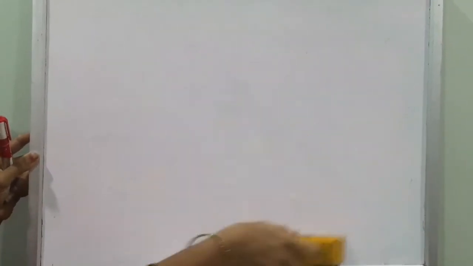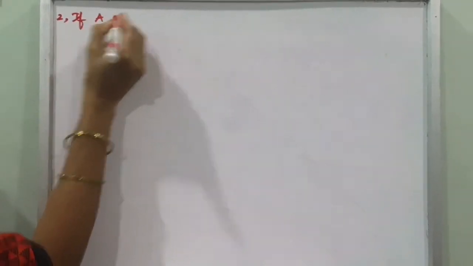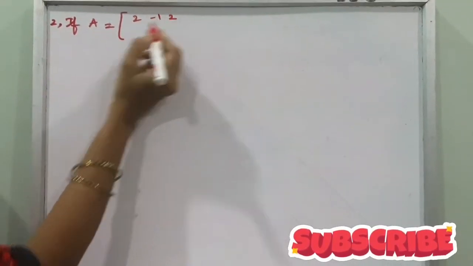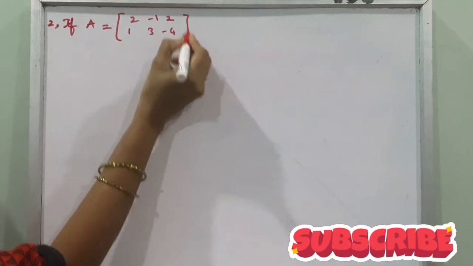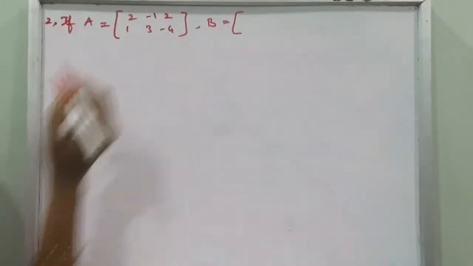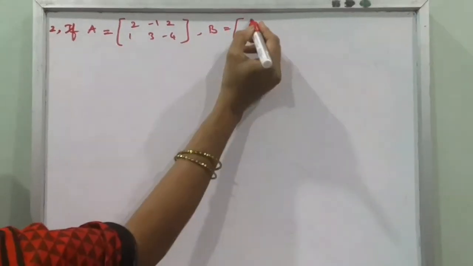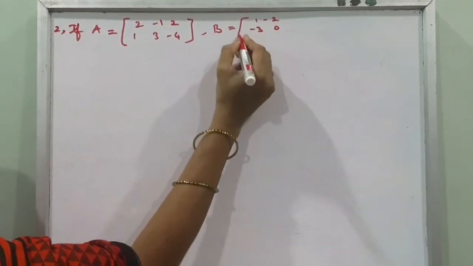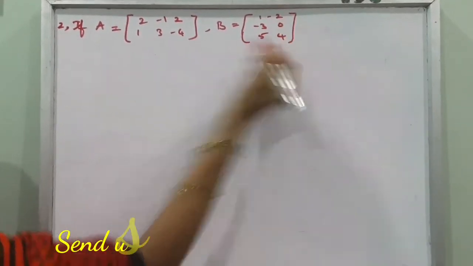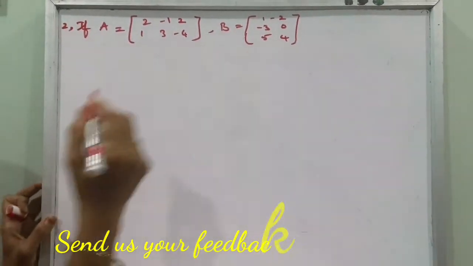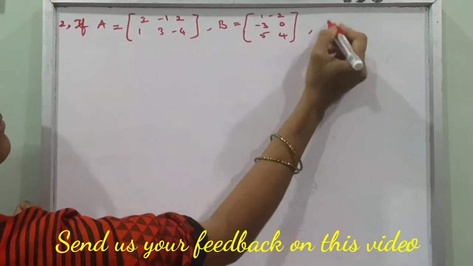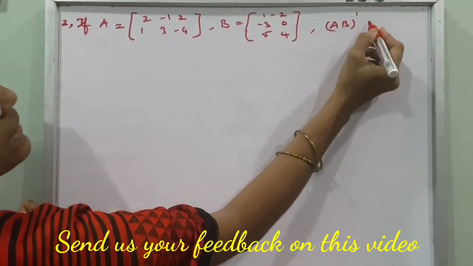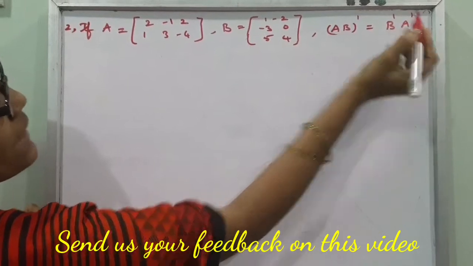Now the next example is, if A is equal to matrix 2 minus 1 2, 1 3 minus 4, and B matrix is equal to 1 minus 2, minus 3 0, 5 4, then AB whole dash or AB transpose is equal to B dash into A dash.